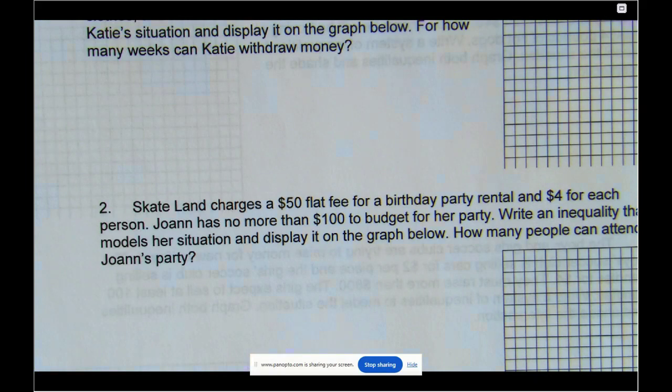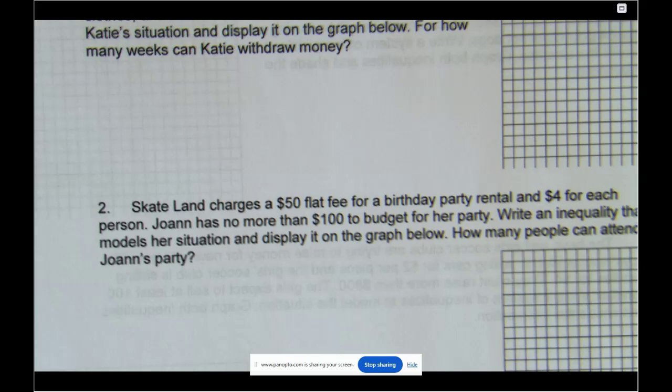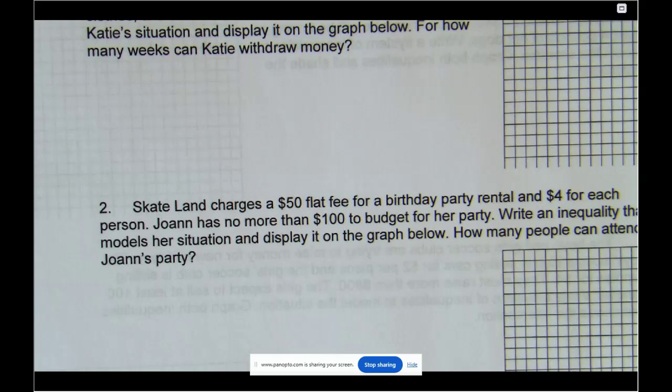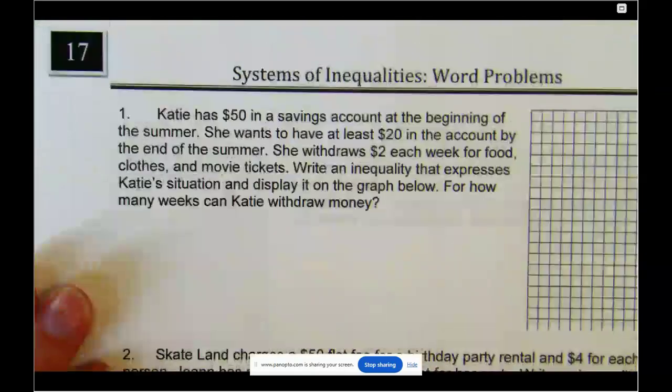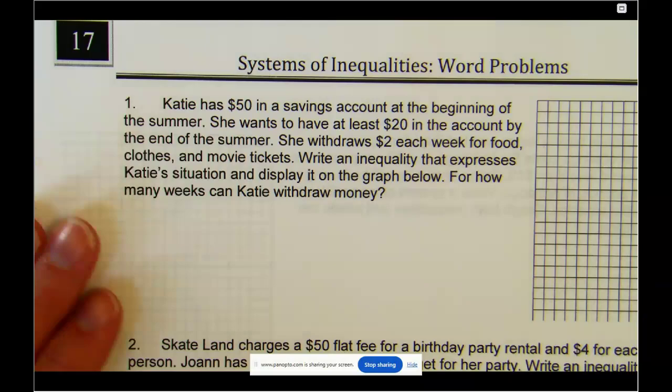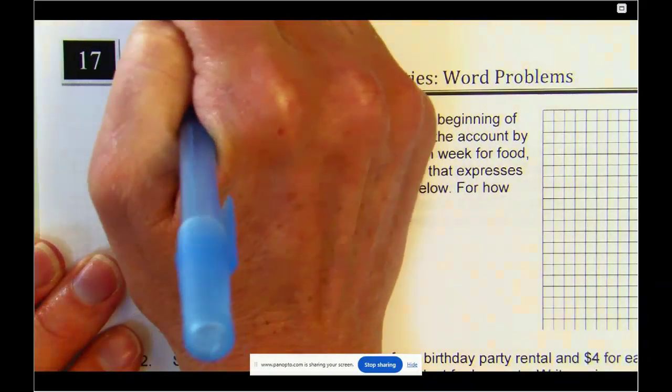Okay, so we are going to be combining some ideas from way back in chapter 2, where we were writing our own inequalities, with what we're doing now, with the graphing and shading part. So up on the top, I want you to write a couple things. The symbols that we use, what's this guy called?